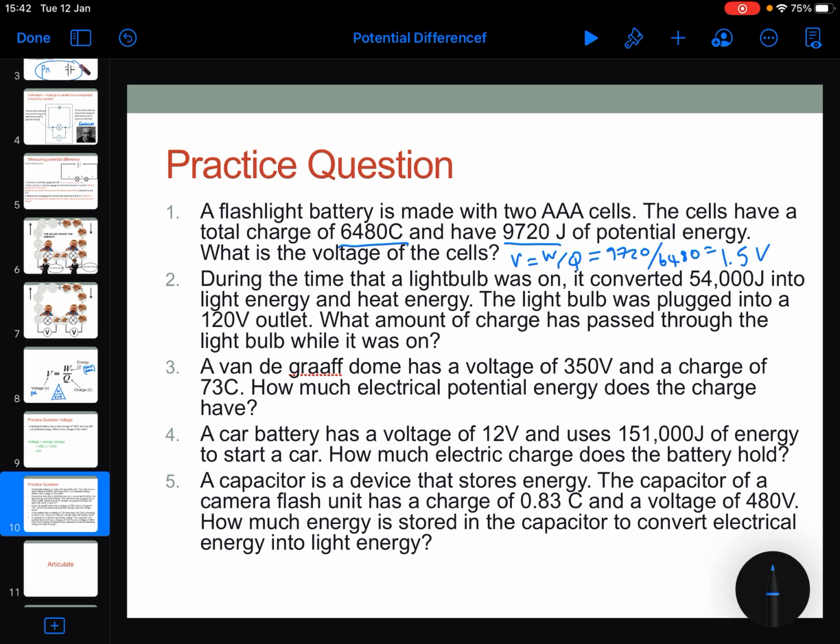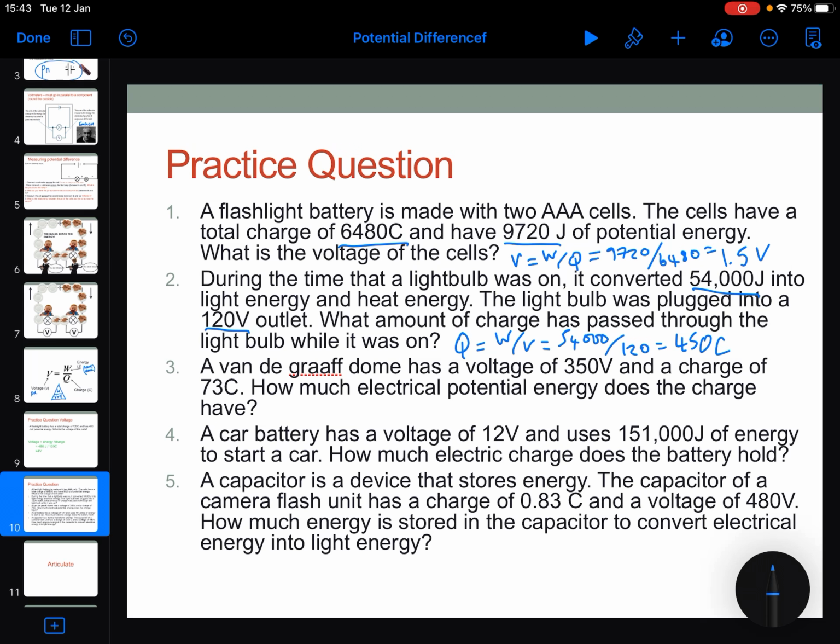Number 2, during the time the light bulb was on, it converted 54,000 into energy, and it's plugged into a 120 volt outlet. What amount of charge has passed? Q is W over V, so 54,000 divided by 120 equals 450, and it's charge, so it's measured in coulombs.